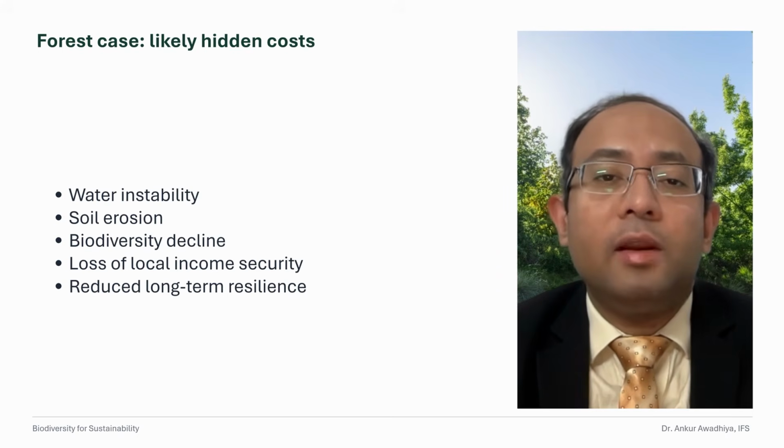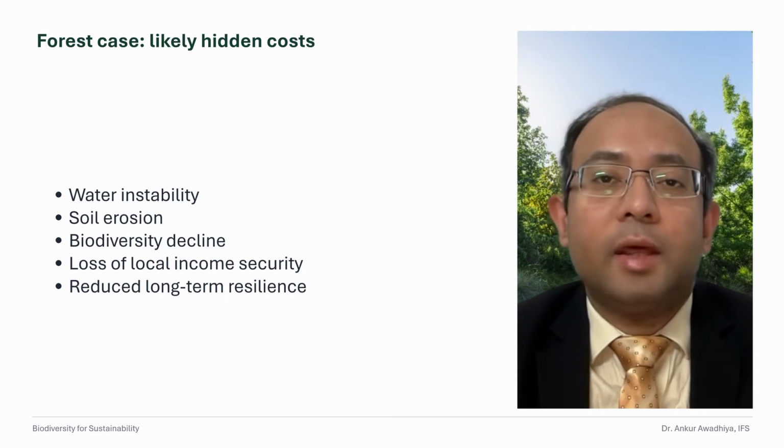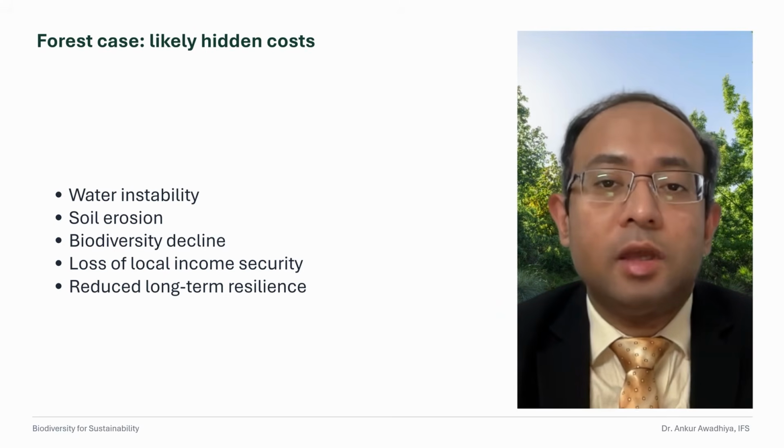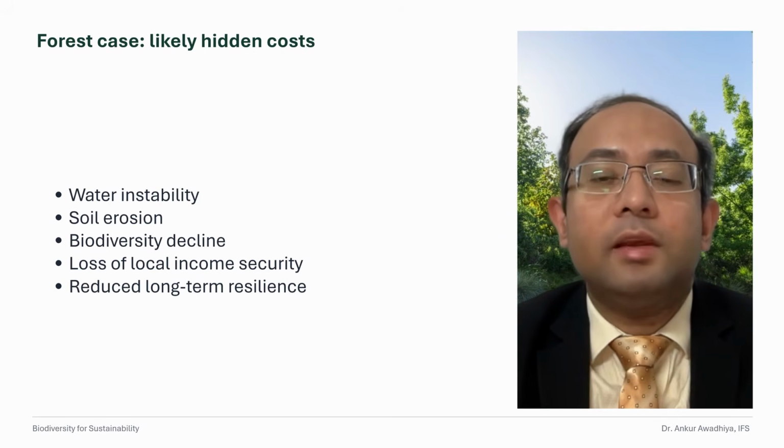And overall resilience may fall, making the system more vulnerable to disturbance. Many of these costs do not appear immediately, which is why unsustainable forest management can persist. It looks profitable for years before the underlying ecological capital visibly deteriorates. Recognizing this delay is an important part of reading forest cases accurately.